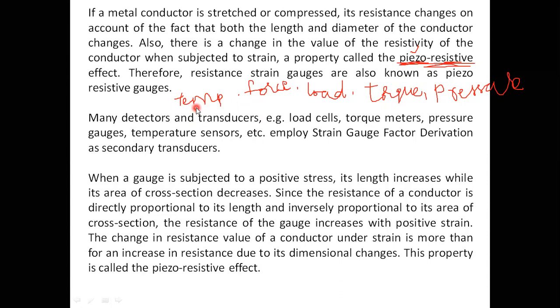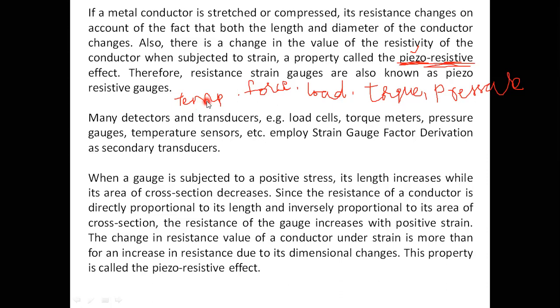For example, if we take temperature, thermistors are used to measure extremely low temperatures in the order of negative temperatures from -60 to +20.